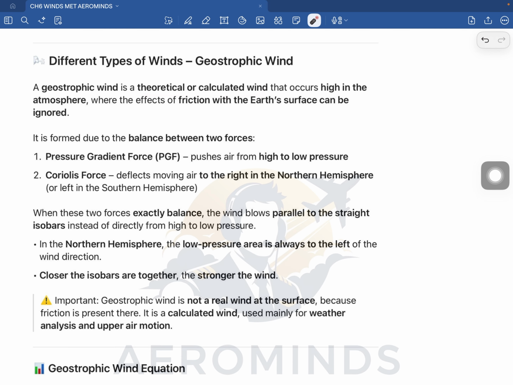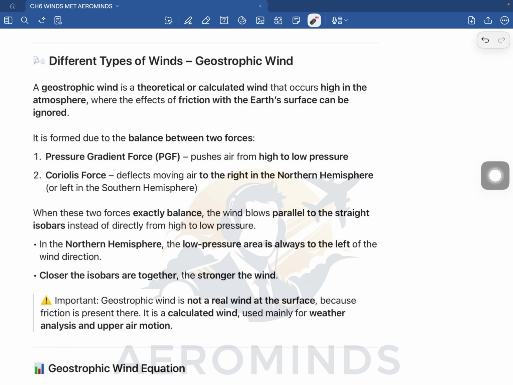Now, this geostrophic wind occurs high up in the atmosphere, as I told you, far above the earth's surface, because near the earth's surface friction is present. The ground, trees, buildings, mountains, even a small obstacle like a car can create friction.